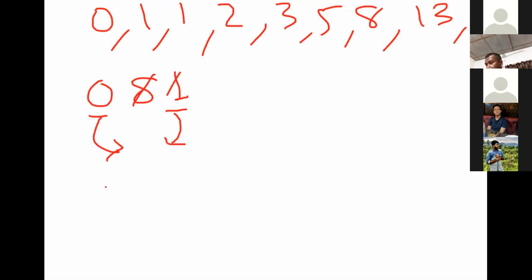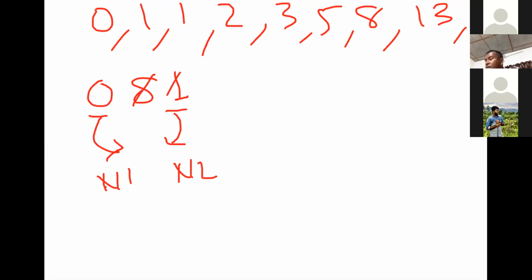And what is the logic? If I put this n1 and this n2, the logic is n equal to n1 plus n2, plus only, to go for the next number. Isn't it? Yes, sir.